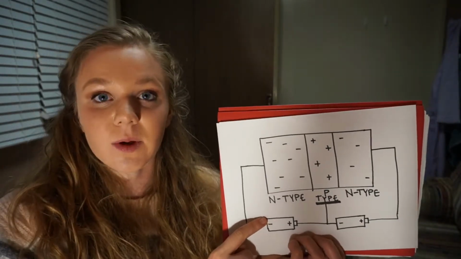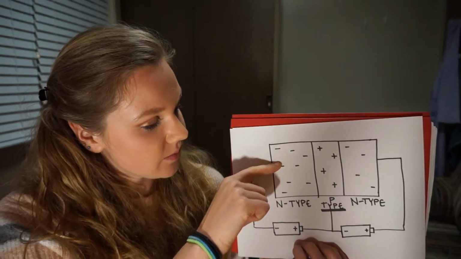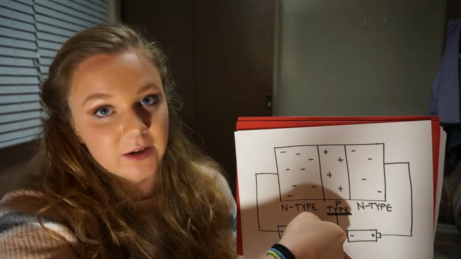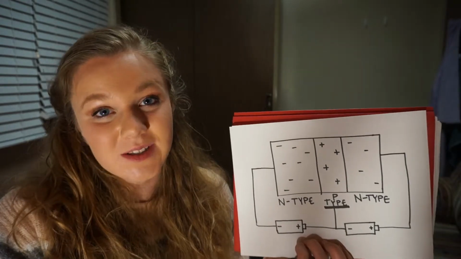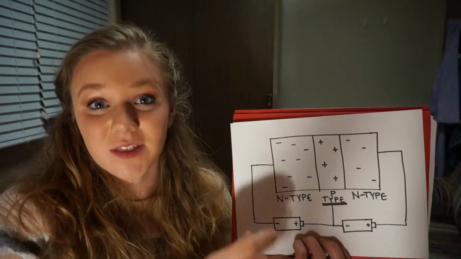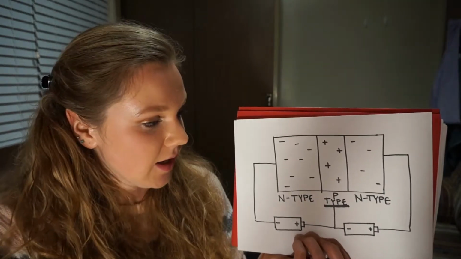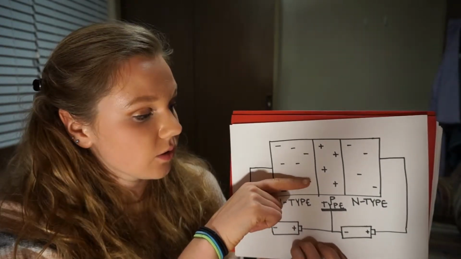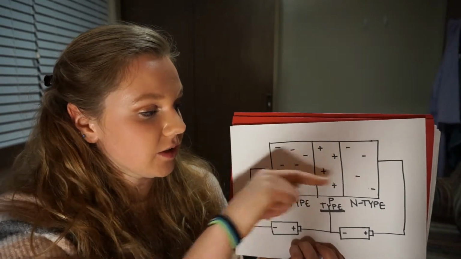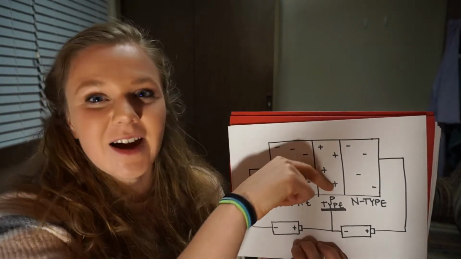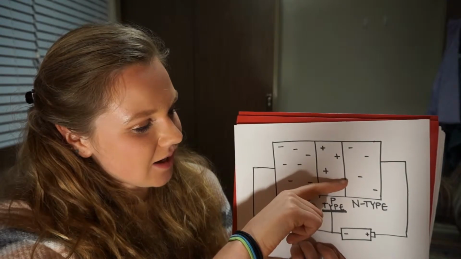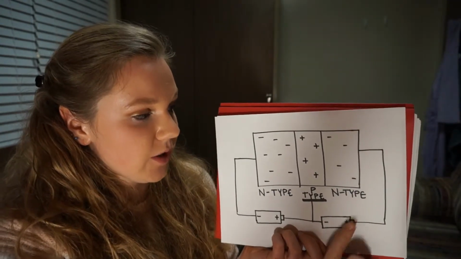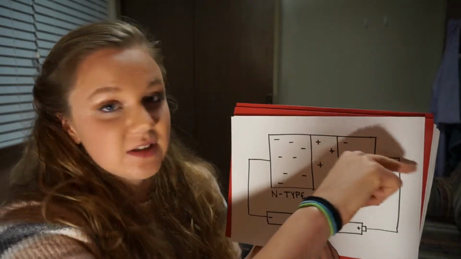So basically, we'll have electrons that flow across this P-type and into this positive end of the battery. However, I did draw the P-type material as a thinner layer than the other two on purpose, and that's because as these electrons move, they will cross over the P-type material on their way to act as a diode, and be attracted to this positive end of the terminal here, which is pulling electrons from the system.